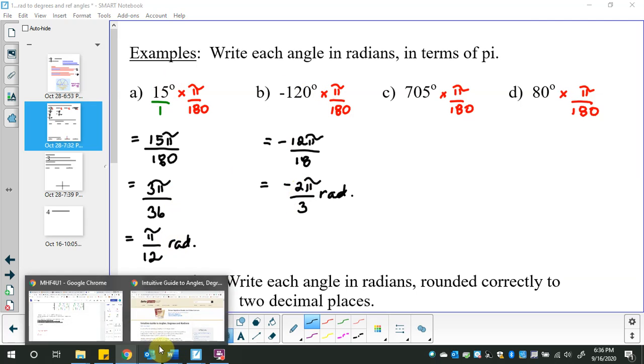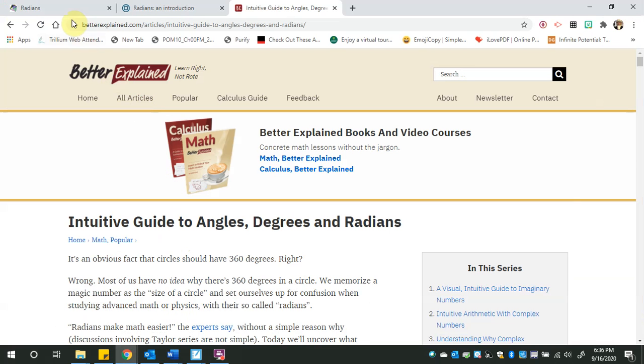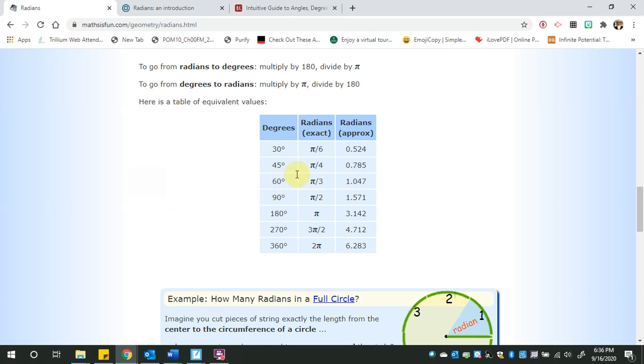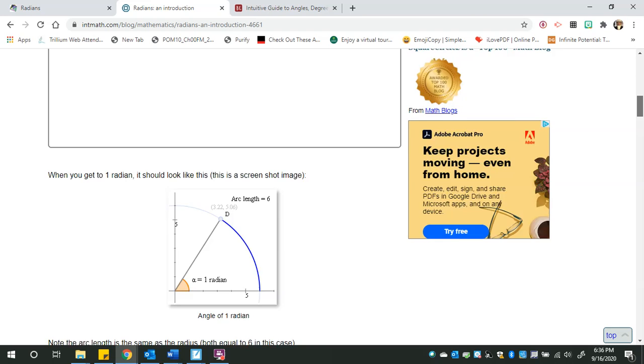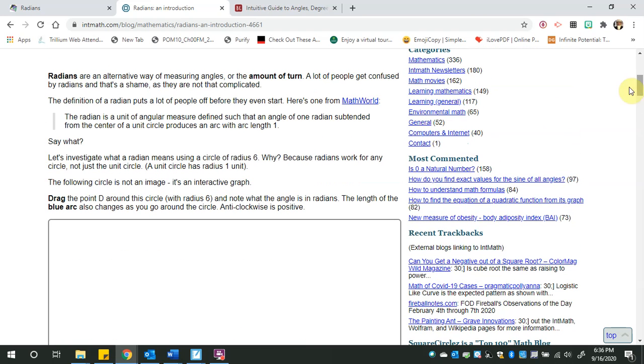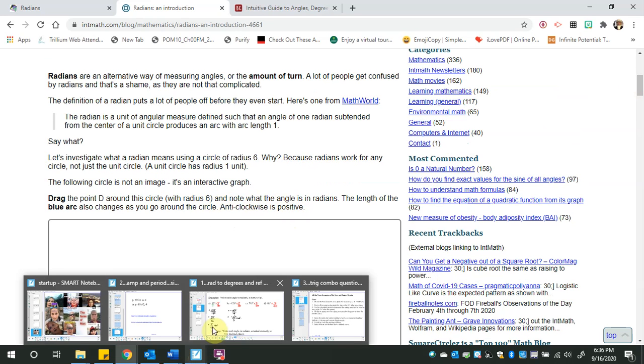So if I go back to, I think it's the first site, maybe the second one, it says somewhere in here that anti-clockwise or counterclockwise is positive. So counterclockwise is opposite to the clock on the wall.